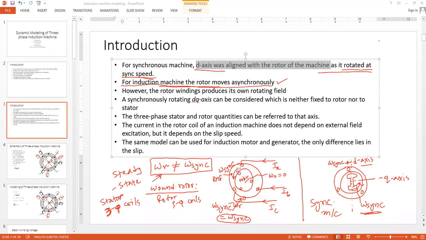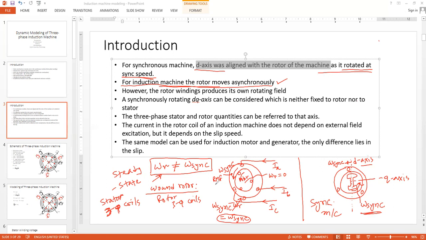So if the RMF direction is in this direction at the starting point with the application of the three-phase supply, the rotor would start to rotate in the same direction. However, the rotor would never be able to catch up with the RMF, because in that case there would be no induced effect.